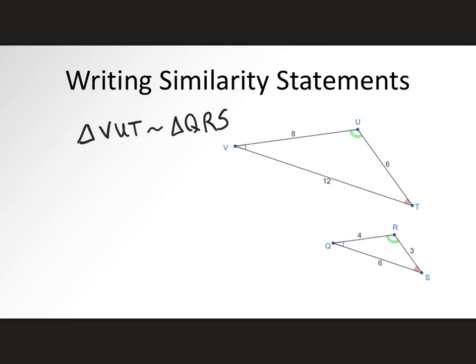And UT is twice as big as RS, so they're proportional to each other, and the proportion is 2 to 1. And finally, VT, this one, should match up with QS, this one down here, and that matches up perfectly as well. It's the longest side in each of the triangles, and 12 over 6 will reduce to 2 over 1 as well. They'll all reduce to the same number, so they're similar to each other.